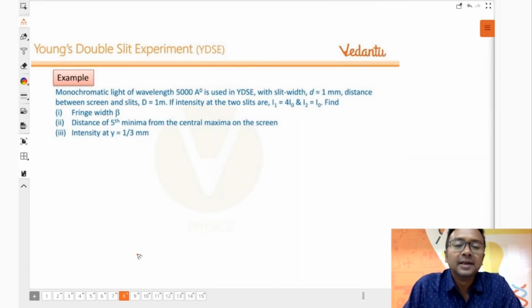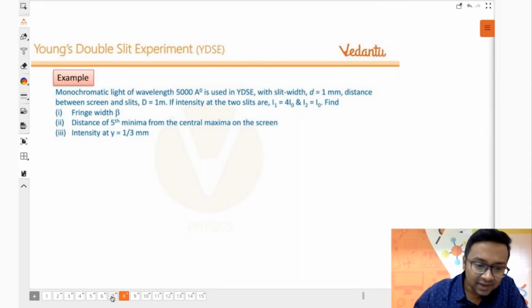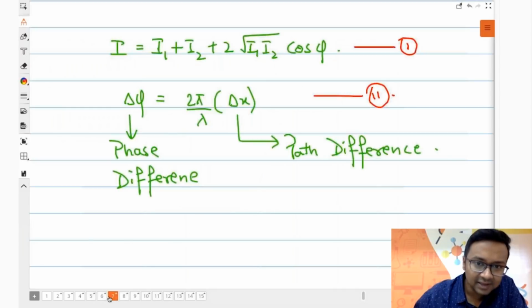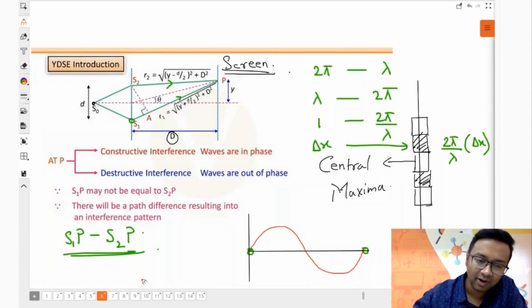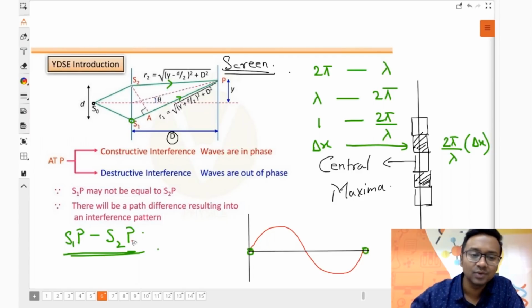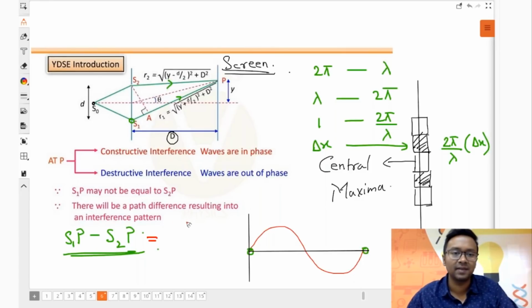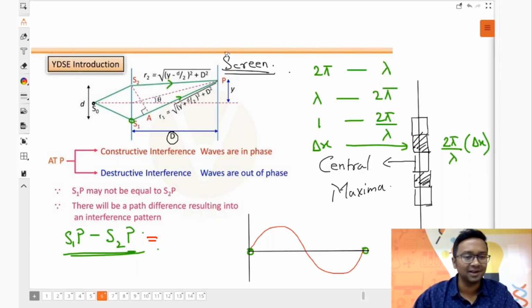Okay. Now, students, let's look at this thing again. What is going to be this S1P minus S2P? There's one short way of remembering that. Generally, they find out S2P and S1P, get these values, and then compute R1 minus R2 and all that.